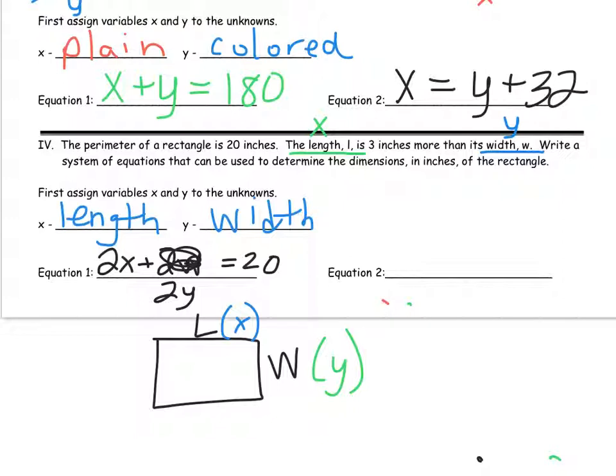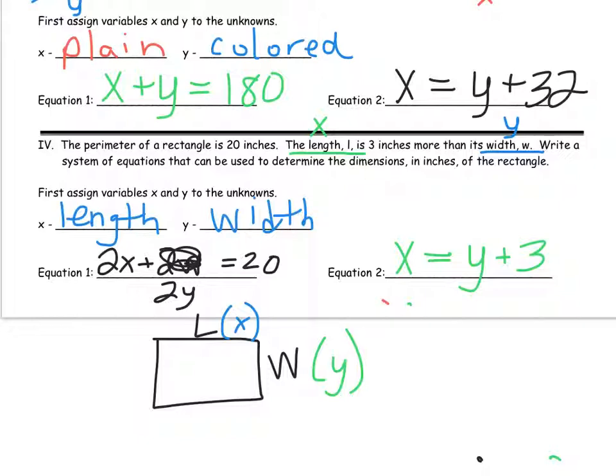Okay, so now we look at our second equation. It's a comparison equation. And it says my length is 3 more than the width. So my length has more. So I'm going to go ahead and write my length is, because my length has more, 3 inches more than the width. So it's going to have to be the width plus 3 inches.